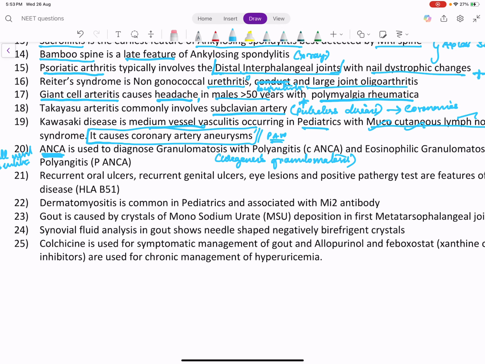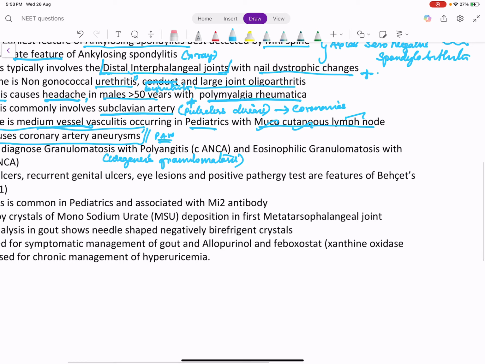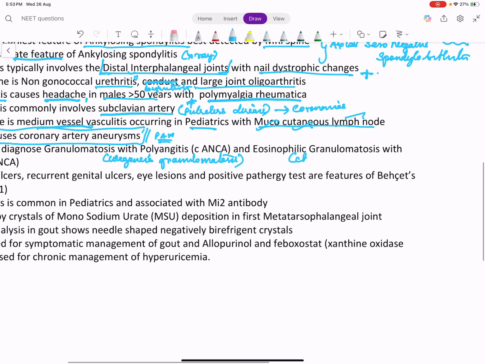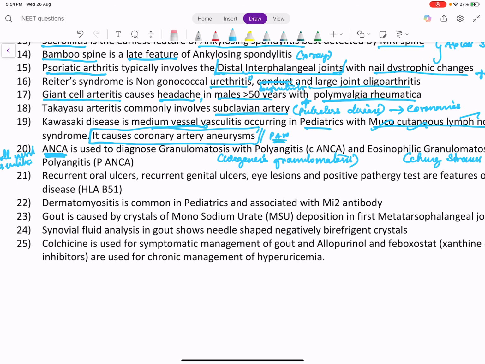In that we have C-ANCA. Then we have another disease called EGPA, eosinophilic granulomatosis with polyangiitis, also called Churg-Strauss syndrome. Here P-ANCA is present. So, C-ANCA and P-ANCA vasculitis.